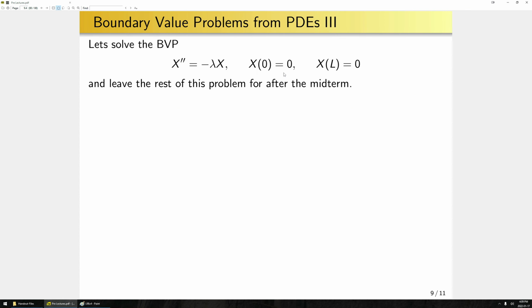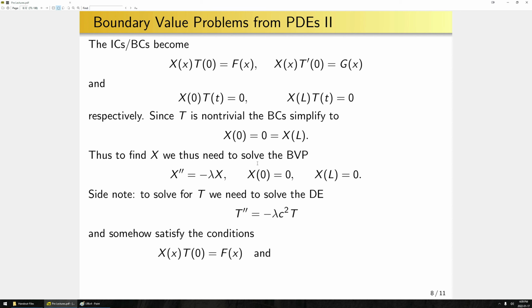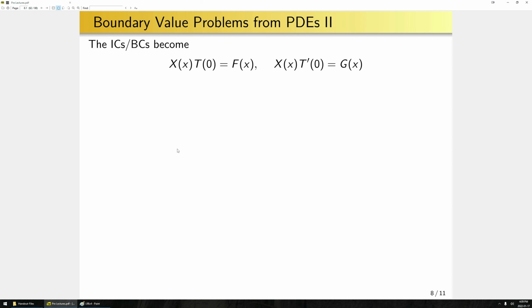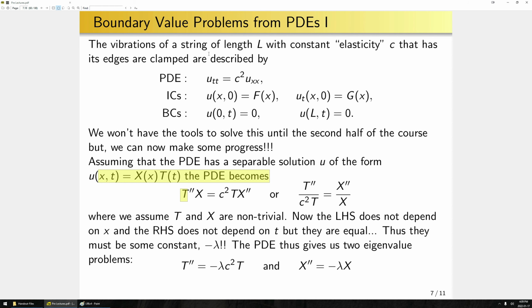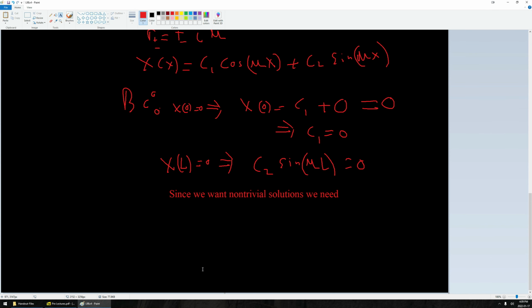If X was just 0, then the function u is just 0, and it can't satisfy these conditions unless they're trivial as well. So I have to say that c2 cannot be equal to 0. If it's 0, I'm done and I haven't found a non-trivial solution.